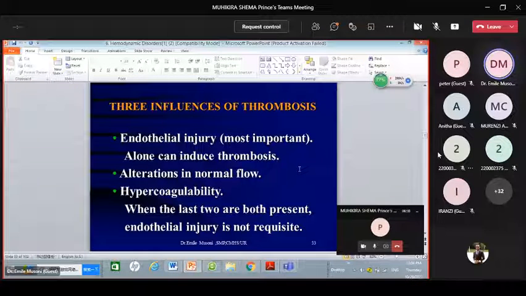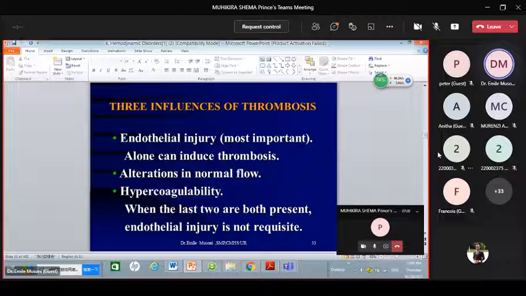In summary, what you must know in thrombosis, there's the formation of blood clot. And in the blood clot, there is endothelium, platelet, cascade. There's three influences of the thrombosis: endothelial injury, alteration of the normal flow, and hypercoagulability.